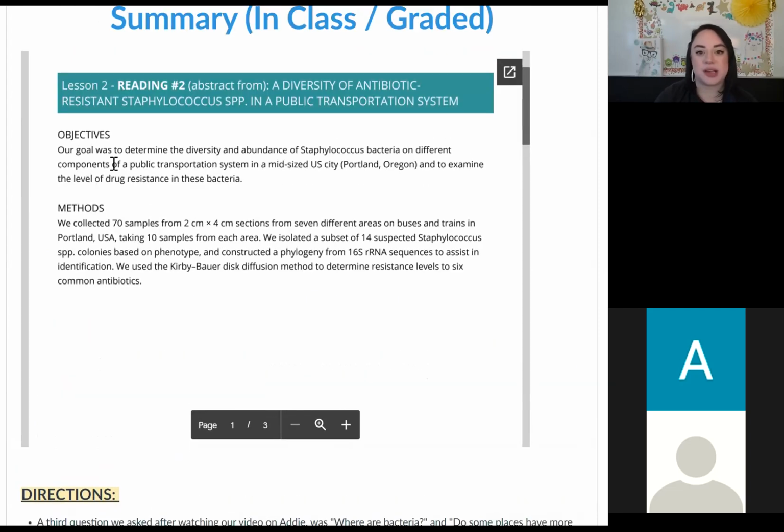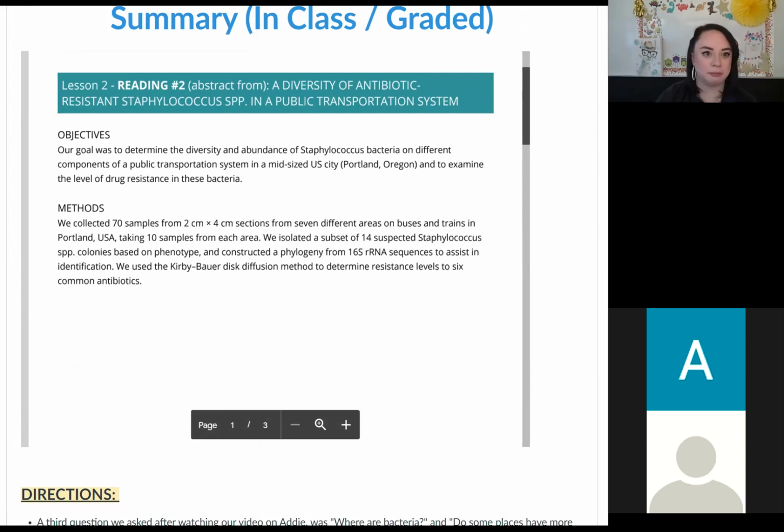All right, so it says, our goal was to determine the diversity and abundance of Staphylococcus bacteria on different components of a public transportation system in a mid-sized US city, Portland, Oregon, and to examine the level of drug resistance in these bacteria. What is a public transportation system?